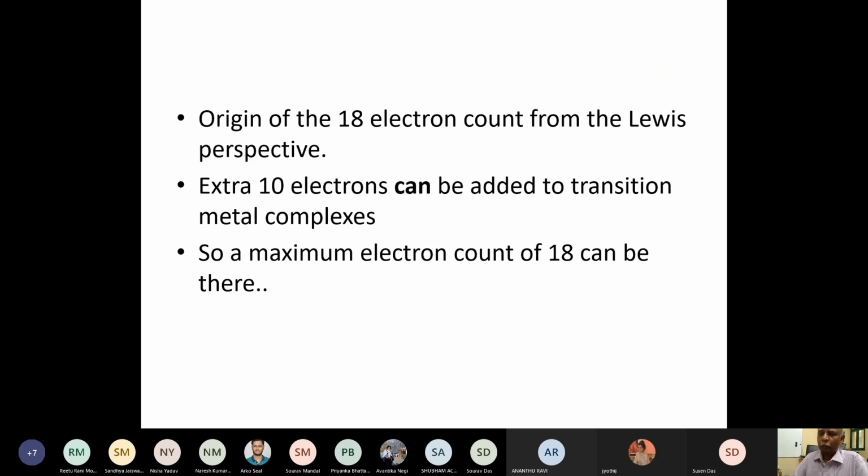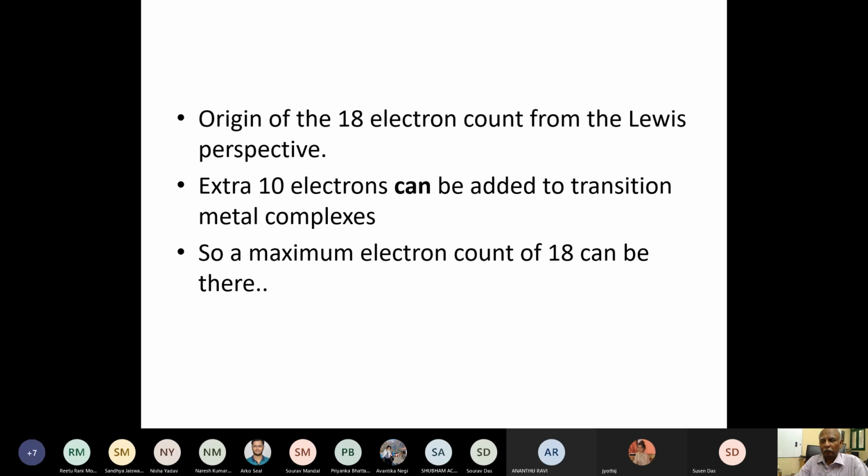So let me quickly tell you about the 18 electron rule. Yesterday, I mentioned that almost all organometallic compounds obey the 18 electron rule. The reason for this strict adherence will be dealt with later. But the origin of the 18 electron rule is really the Lewis perspective.